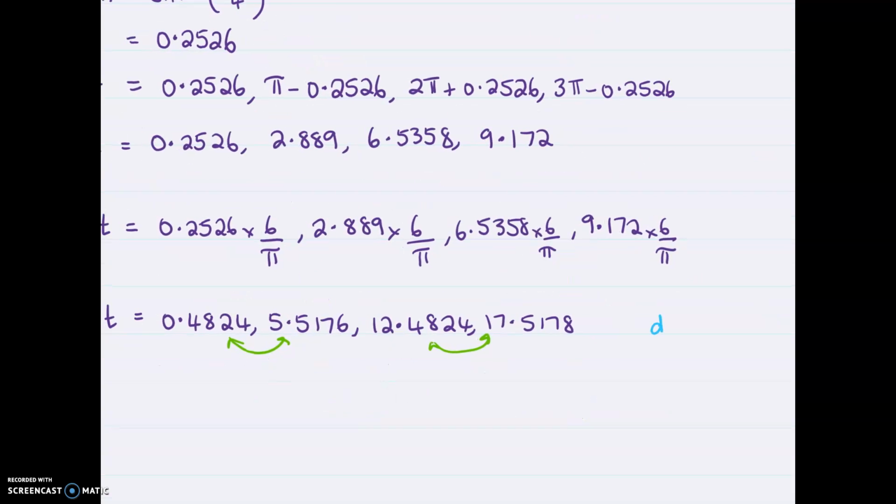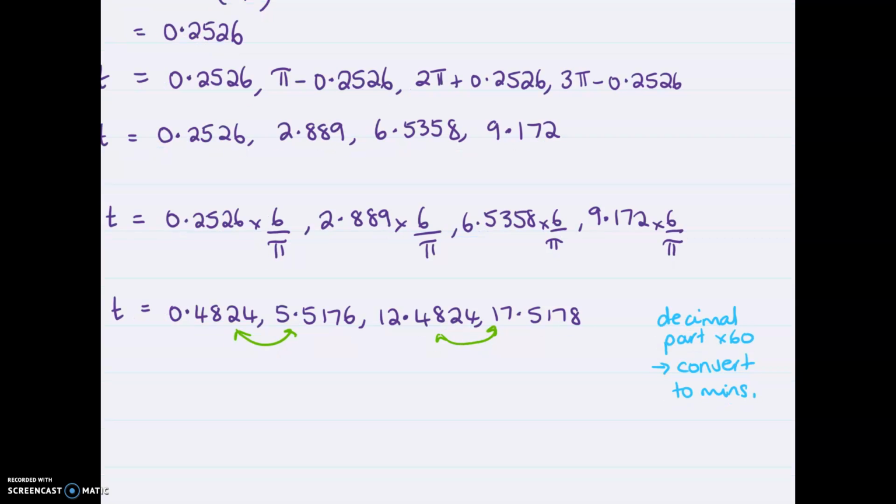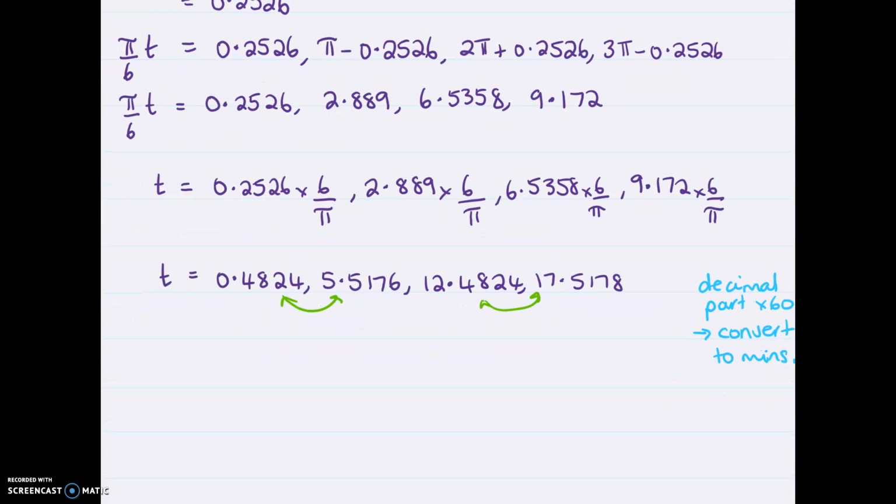If you don't have a full number of hours, take your decimal part, times it by 60, and that will convert to minutes. Okay, there's 60 minutes in an hour. So the ones like the 5.5176, that's 5 hours, but to get the number of minutes, take the decimal part and times it by 60. So if you do that with each of these 4, I'd like you to do that.